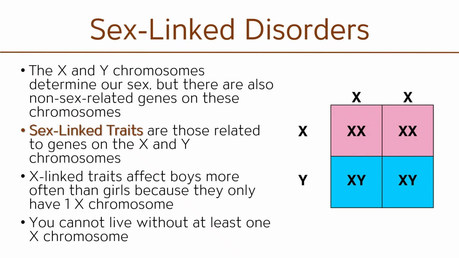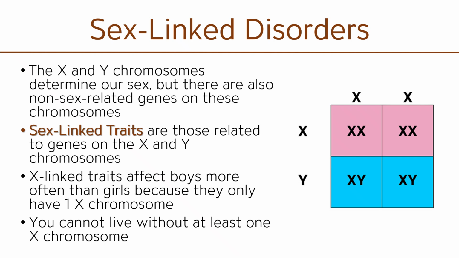However, the pattern in which we inherit these is going to be somewhat sex dependent because of the fact simply that these particular chromosomes help determine biological sex. So with these, we look at traits that are X-linked or Y-linked. And X-linked traits actually affect more males than females because of the fact that males only inherit one X chromosome.